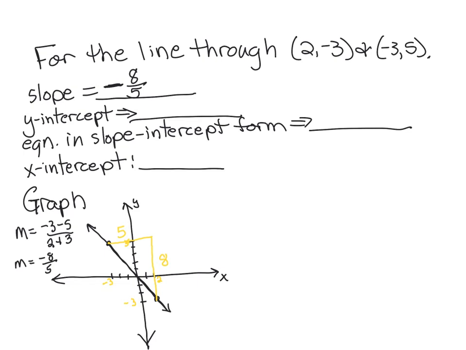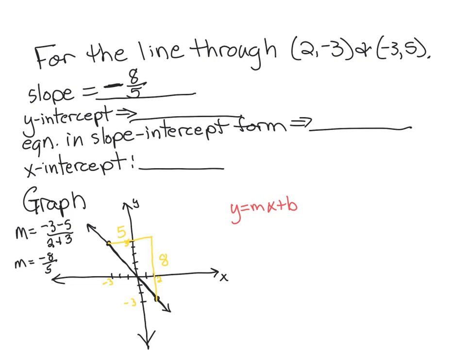y equals mx plus b is true for every single point on the line, right? This is a little cheater way of doing this that a student showed me that never occurred to me, and it's my preferred way to do it now. I can pick either one of these points. I'm going to choose this guy.